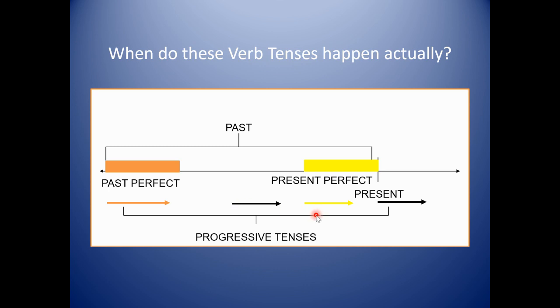The present perfect happened recently. Have been eating, meaning it happened recently. And then there's also the present progressive, meaning it started in the present and it's still happening: is eating. And so we have these different progressives. What we don't have is really the future. You could make a note to yourself saying, hey, the future's out here.